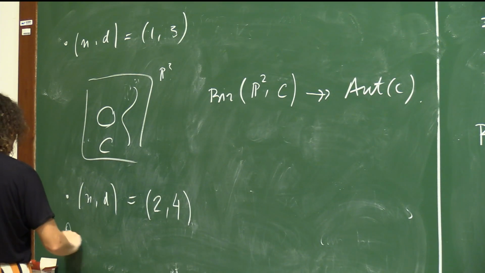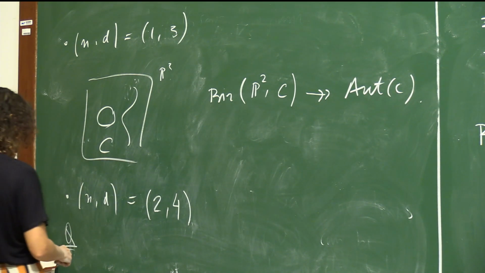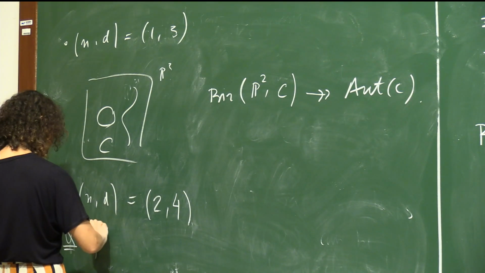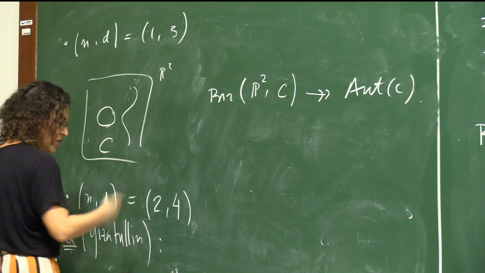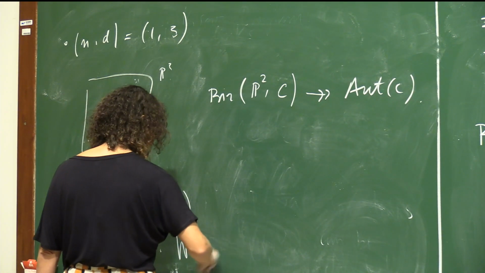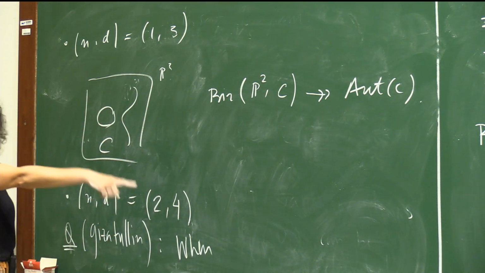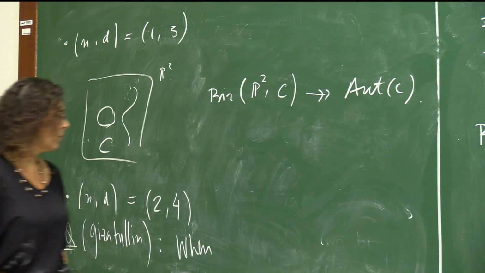So this problem, I think it was first posed by Gizatullin. He asked the question, let me put it this way, when the same is true in the case of quartic surfaces.